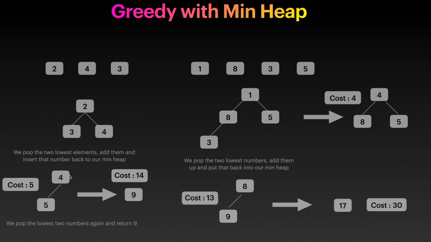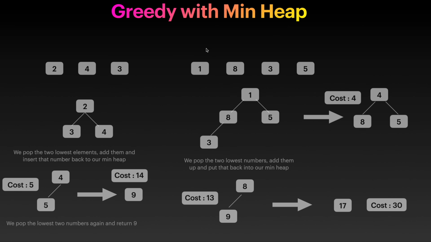And so they will give you 5 and 4. Now you find the two lowest numbers. In this case, there will be 4 and 5. You add them, and then you add these two numbers to the cost. So our cost will be 14, and your array will be left with only one element, 9. Since we only have one element, we return this cost.